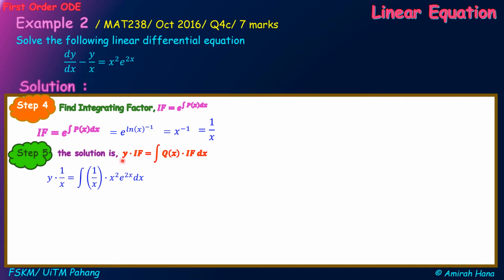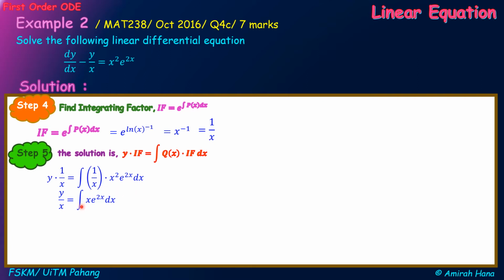This equals the integration of q(x), where q(x) equals x squared e the power of 2x from step 2, and then times IF, which is 1 over x from step 4. After that, we can simplify.